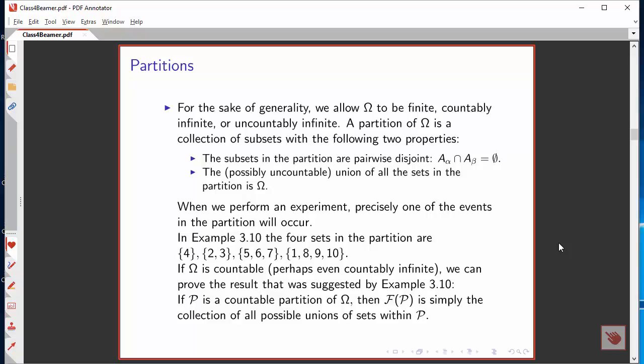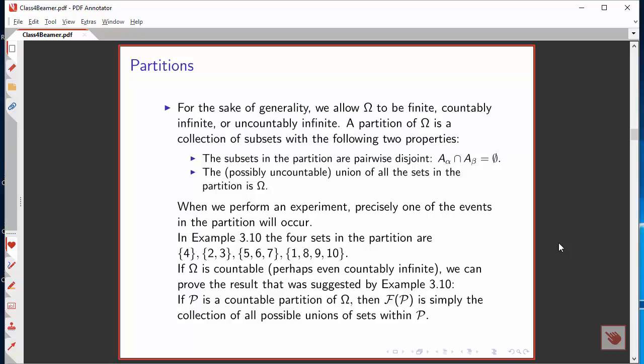And in the case where the sample space is countable, we can easily prove the general result that's suggested by this example 3.10. If you have a countable partition of your sample space, then the smallest sigma field that includes everything in that partition is just the collection of all possible unions of sets.